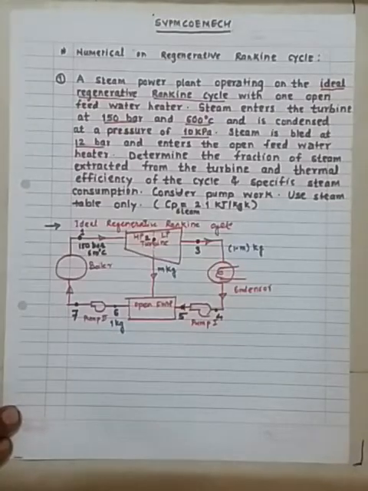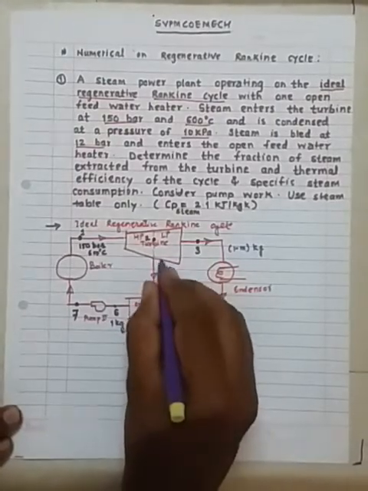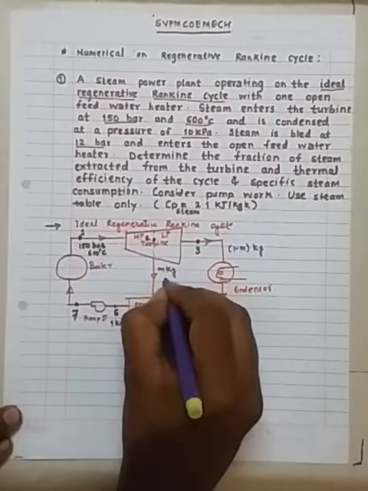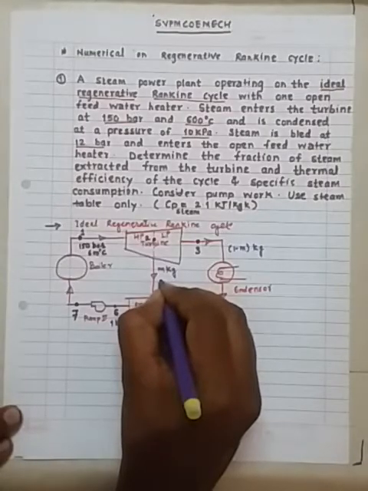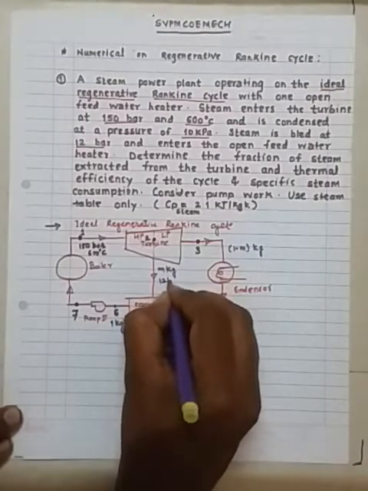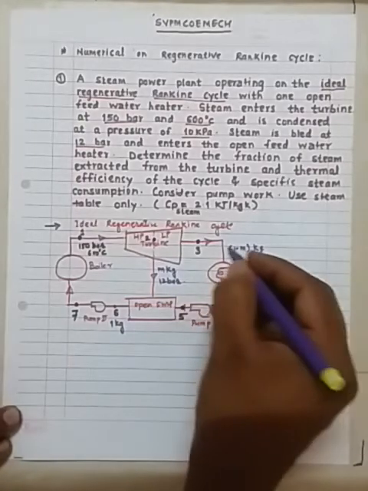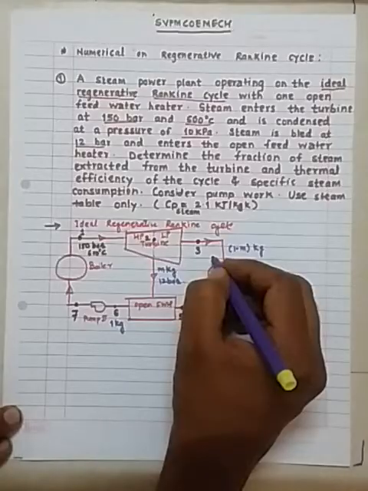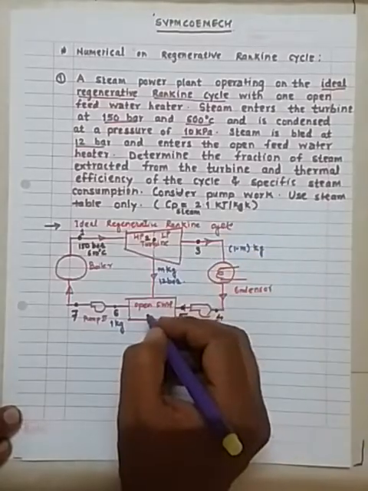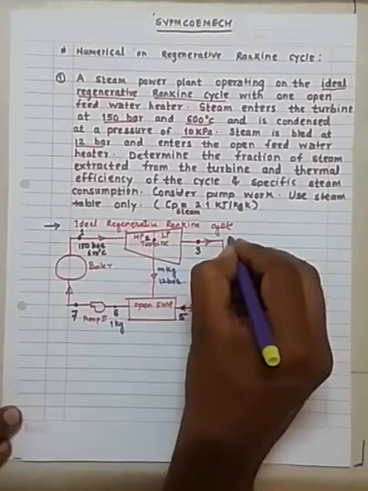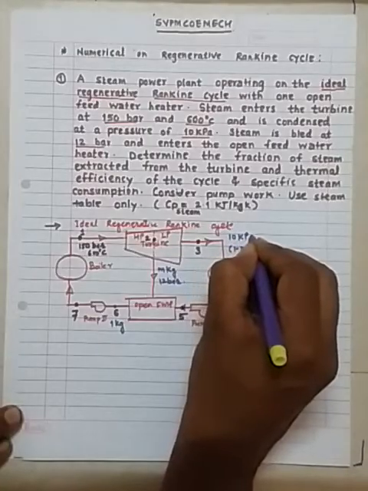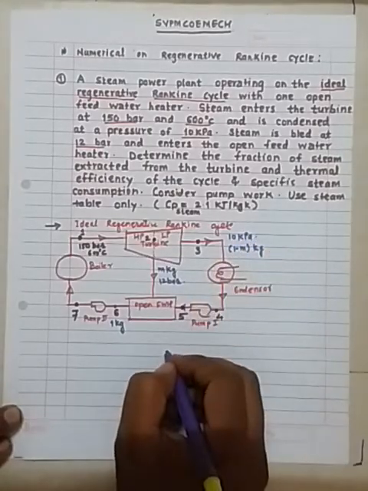Now the steam which I am bleeding is at a pressure of 12 bar as given, and the pressure of the steam at the outlet of the LP turbine is 10 kPa.